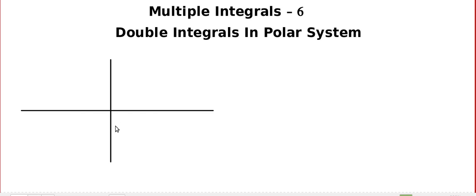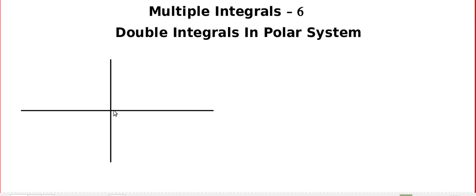Look at this. If you want to capture all the elements in a plane, normally what we do is we draw two lines. One line will be called the x-axis and another line will be called the y-axis. That is, we are dividing the plane into four different parts.